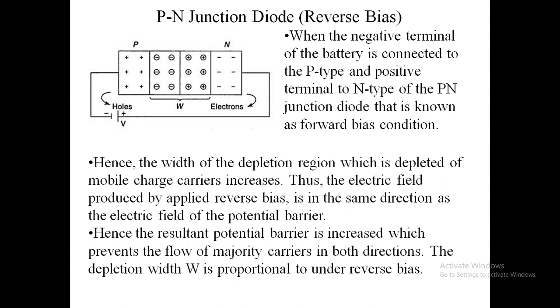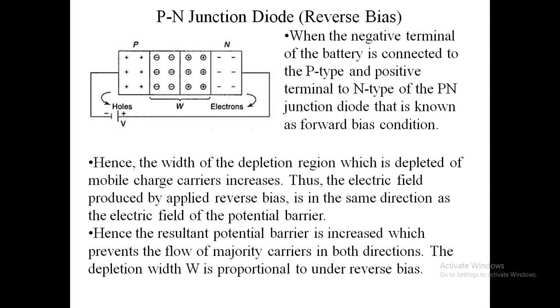Hence the width of the depletion region, which is depleted of mobile charge carriers, increases. The electric field produced by the applied reverse bias is in the same direction as the electric field of the potential barrier. Hence the resultant potential barrier is increased, which prevents the flow of majority carriers in both directions. The depletion width W is proportional to the reverse bias voltage.